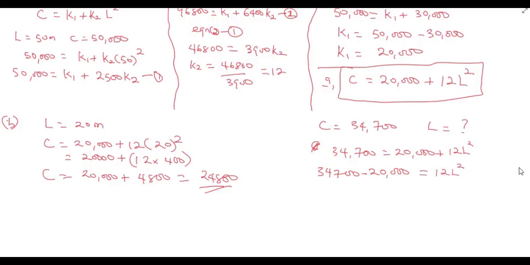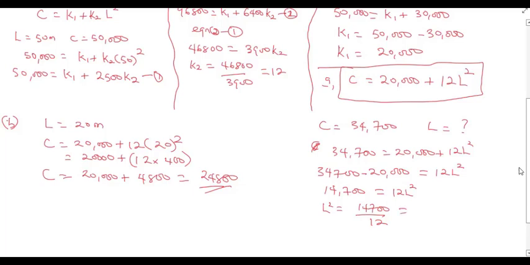When you subtract 20,000 from 34,700, you're going to get 14,700, which is equal to 12 L squared. Now, when you divide both sides to find L squared, this is going to be 14,700 divided by 12.